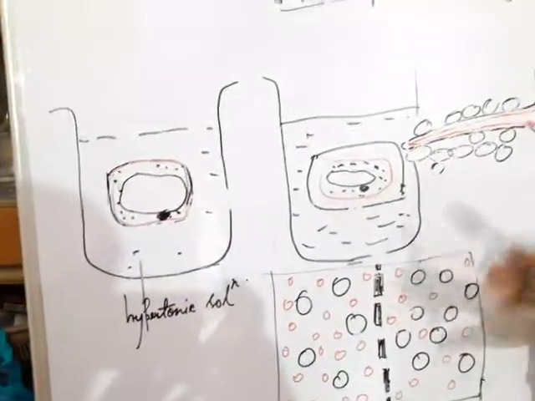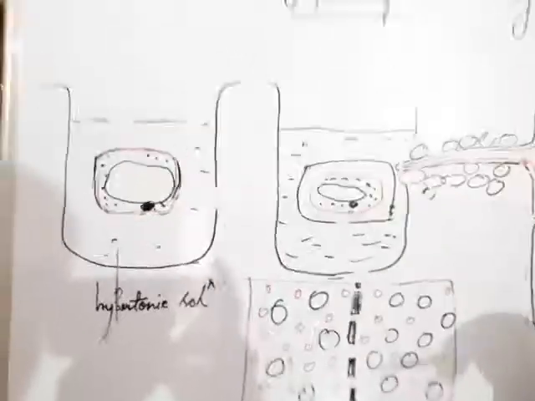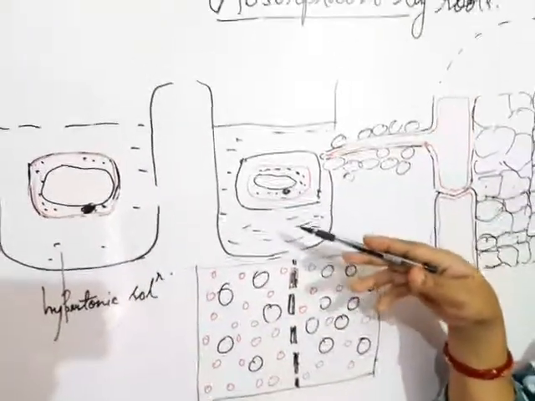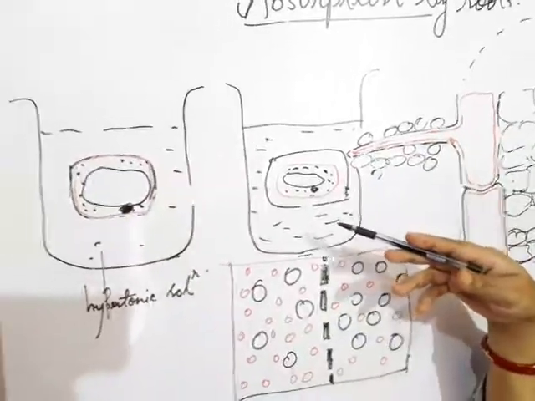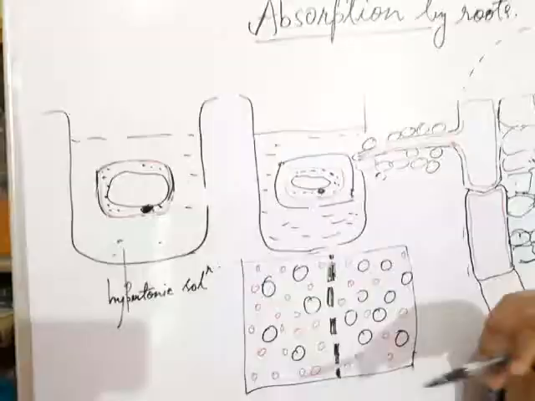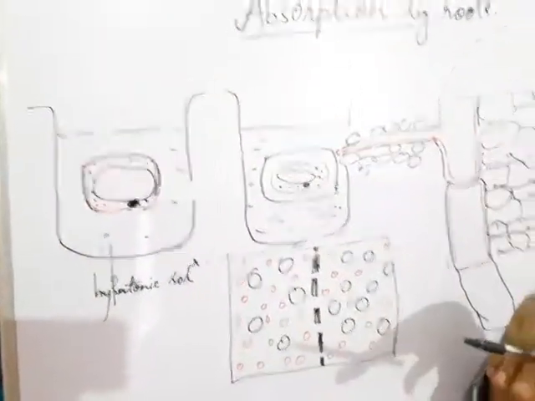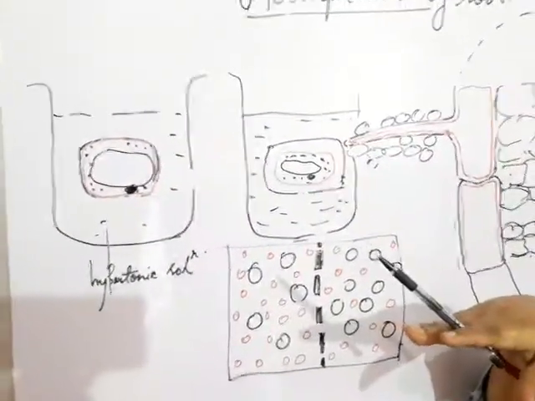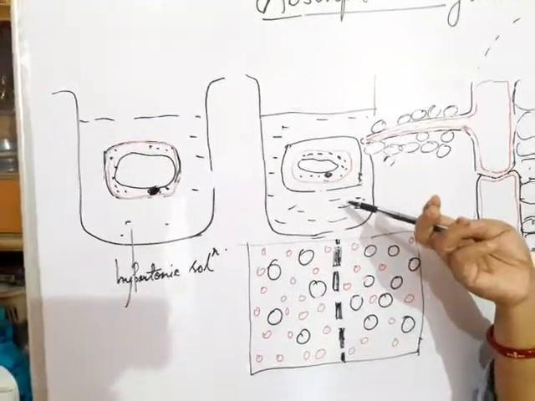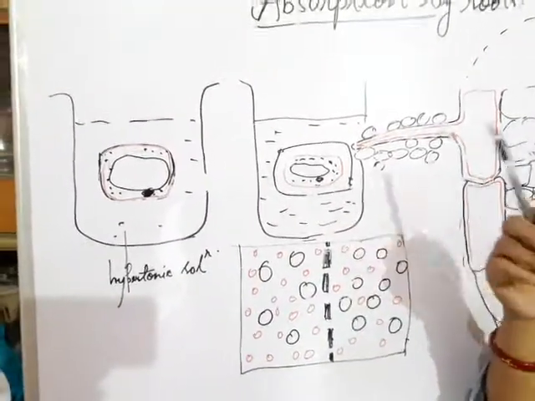This relation is the relative concentration. On the relative concentration, the movement of the particles depends, from where to where they will move, whether solute particles or solvent particles. This is called tonicity.